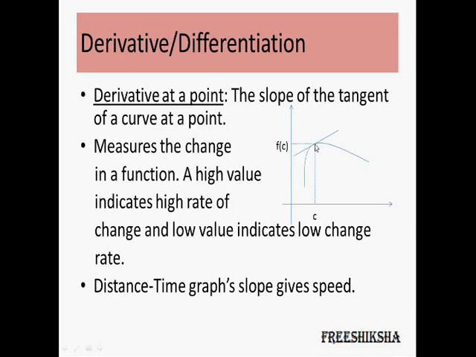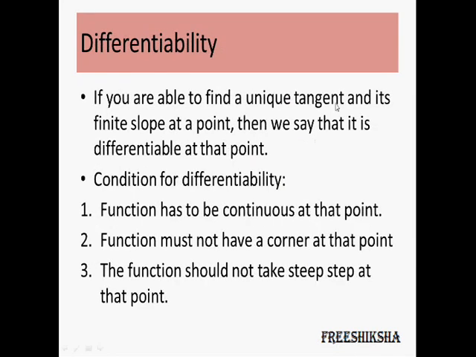It is not necessary that the graph is smooth, like this one. There would be some graphs in which you can't find a unique tangent at some point. Even if you are able to find a unique tangent at that point, you won't be able to find a finite value for its slope. Note the word finite value. So if you are able to find both of them, a unique tangent and a finite slope value, then we say that the function is differentiable at that particular point.